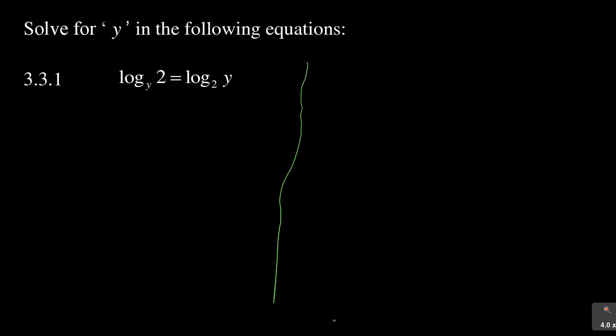So you either have to convert the one into base y, or convert the other into base 2. Whatever way, your answer will be the same. So for argument's sake, suppose we want to make everything into base y. This one already is in base y, so we need to convert that into base y.